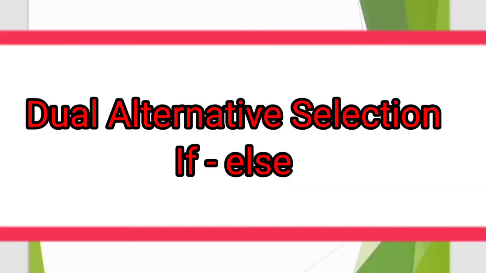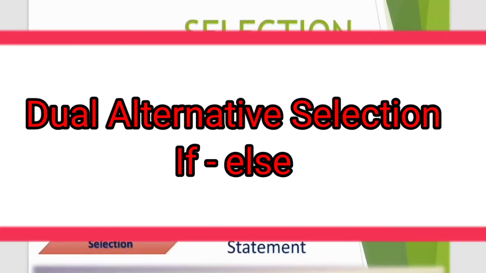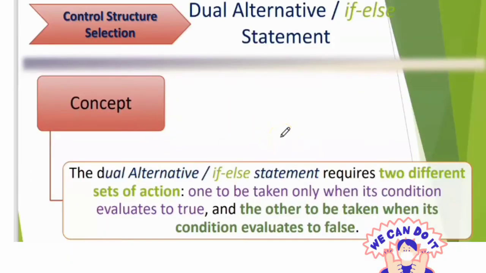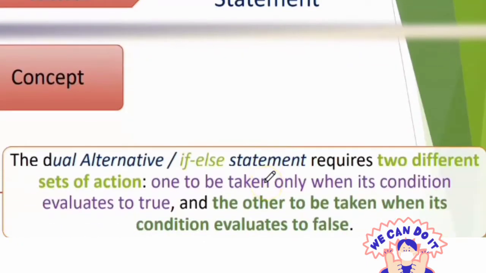For the second type, the dual alternative selection structure. Let's discuss further about the dual alternative, known as the if-else statement. Okay, we see the concept. The dual alternative or if-else statement requires two different sets of action.